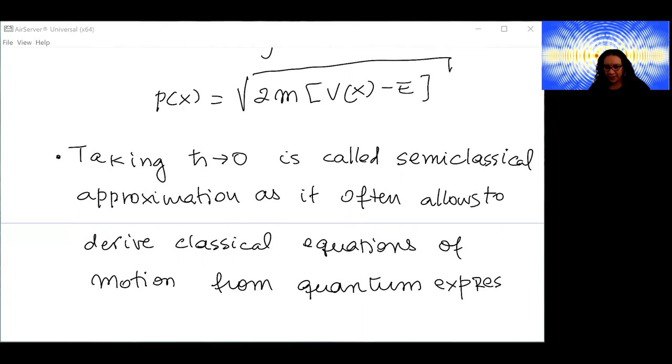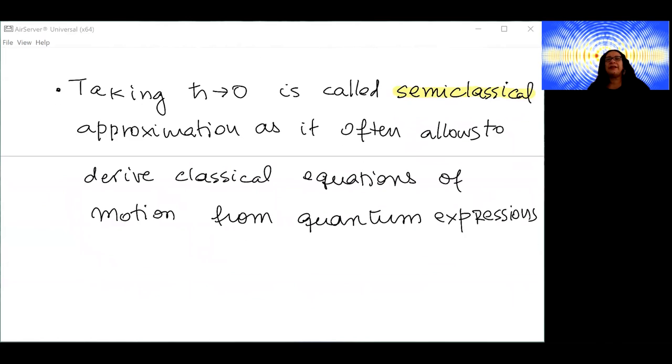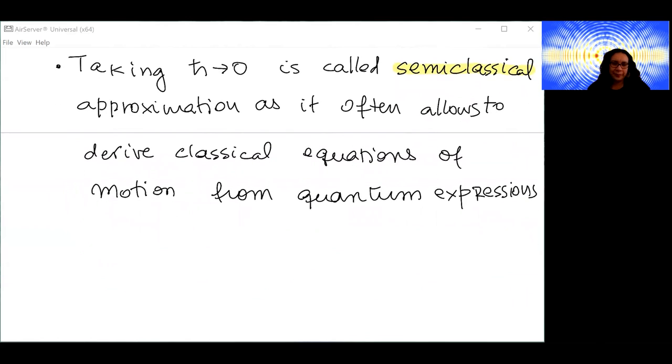And you probably heard of the WKB approximation being called semi-classical. And this is one of the reasons why, actually a very important reason why. And so far, just to bear in mind, this is something we have done just to find in the limit what x is.